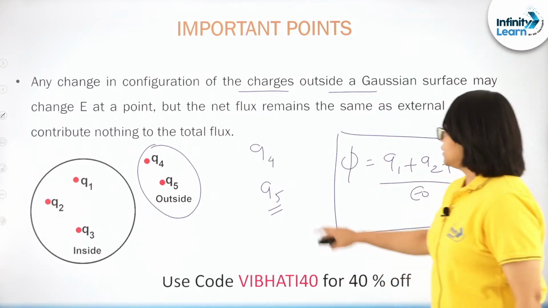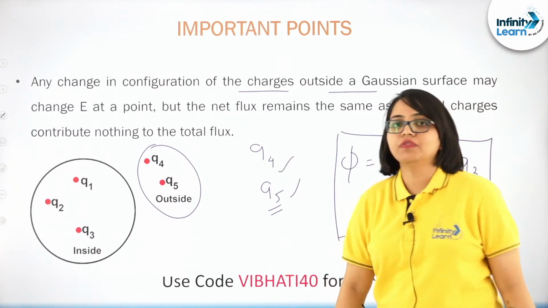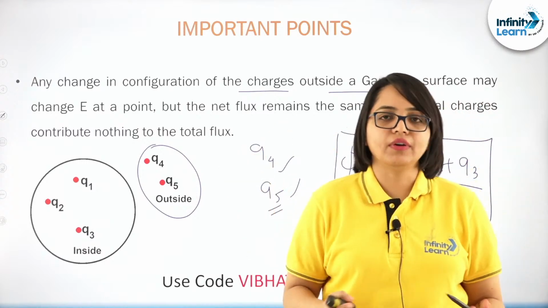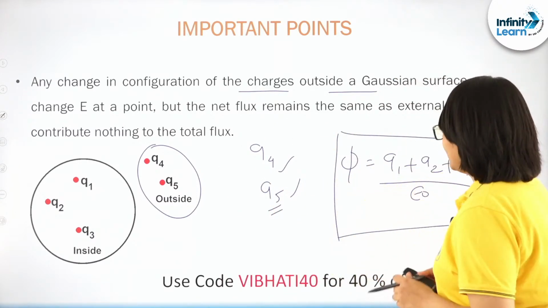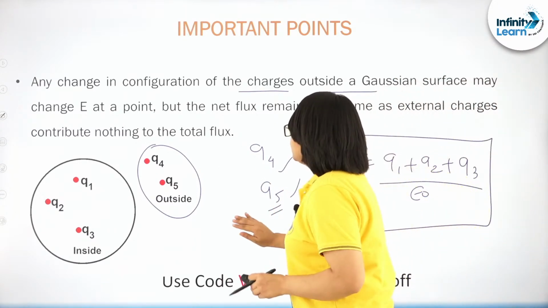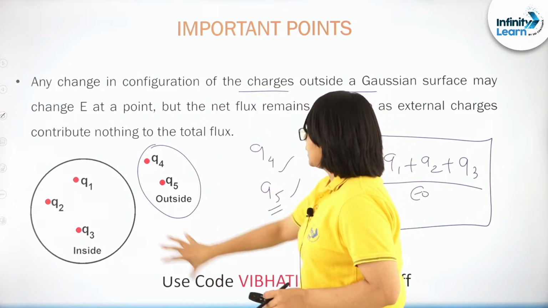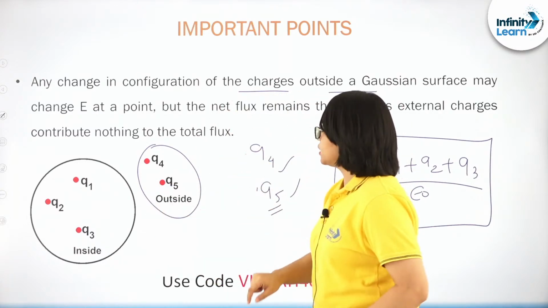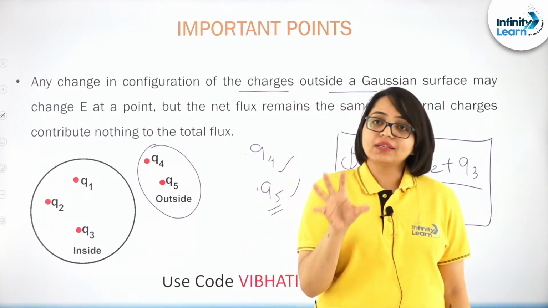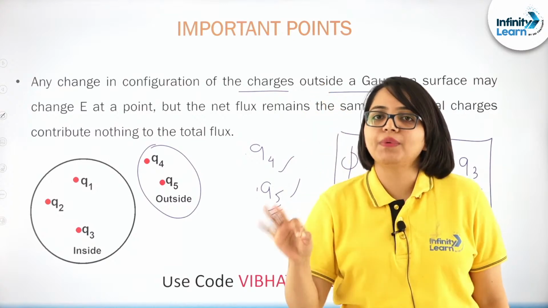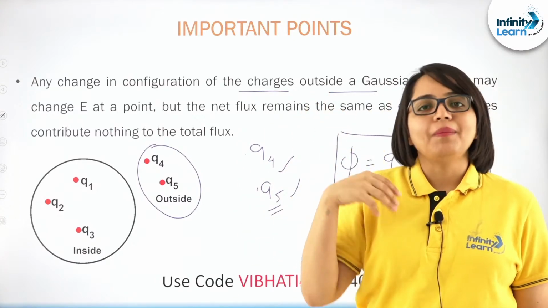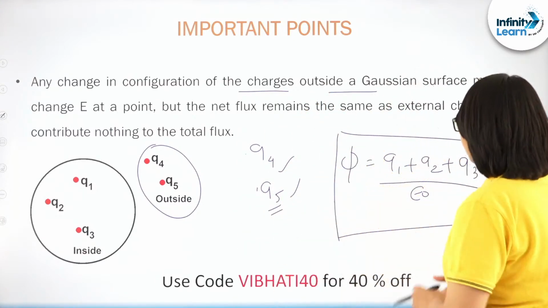But we are displacing these charges, and electric field is due to all the charges. तो अगर ये charges का location change कर दिया तो ऐसा हो सकता है कि किसी point पे net electric field may change. Fine? Okay?